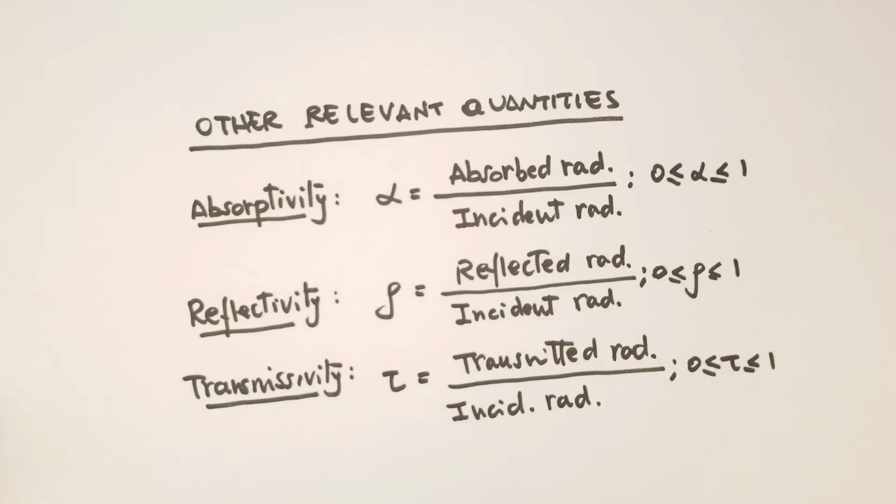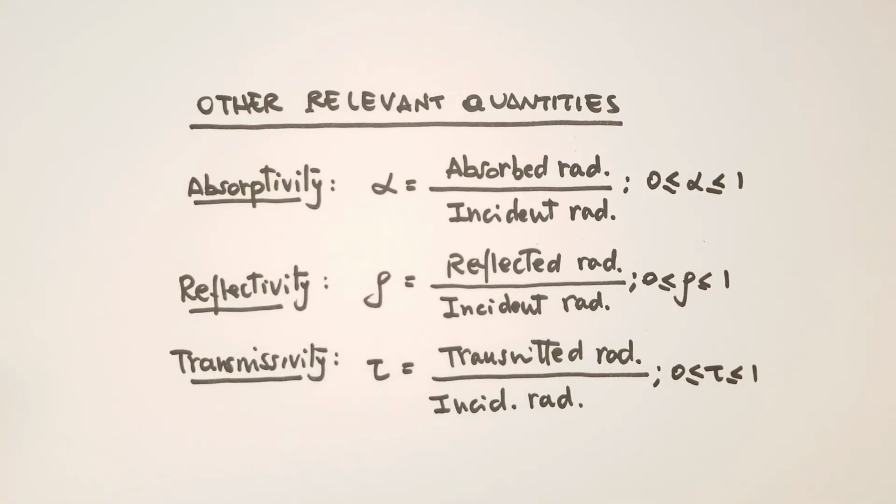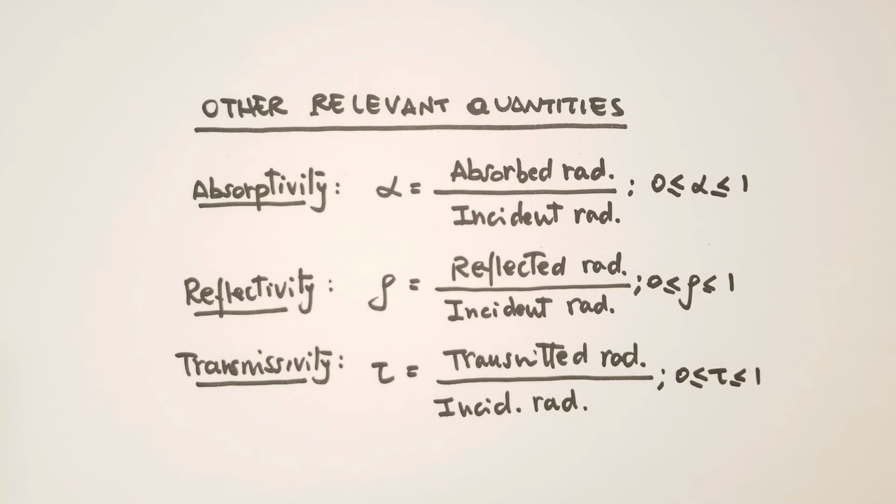Other important quantities that help us in the study of thermal radiation are, for example, the absorptivity, and it's the ratio between the absorbed power of radiation coming from the environment divided by the total incident radiation.